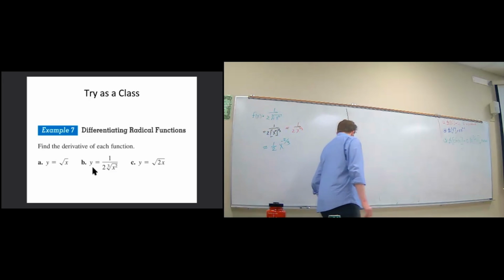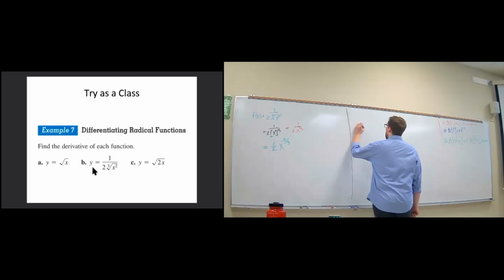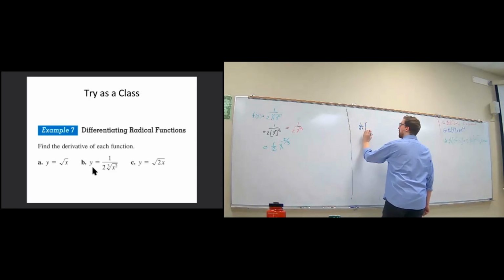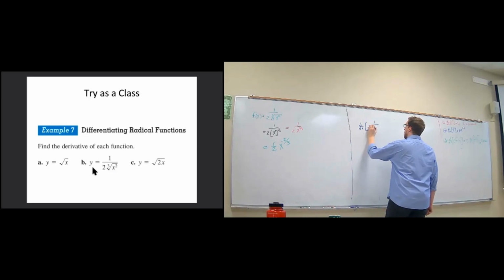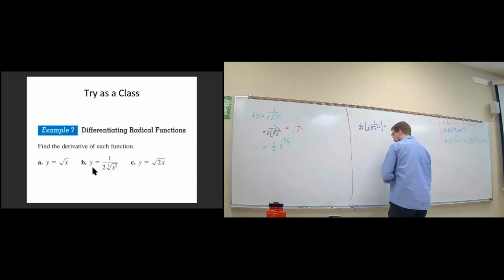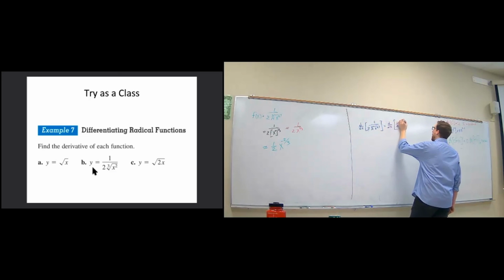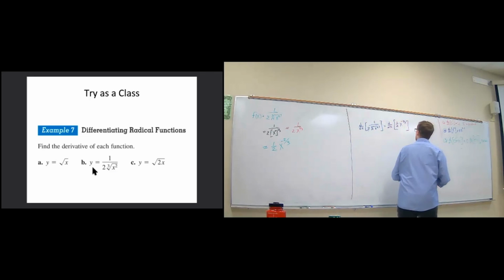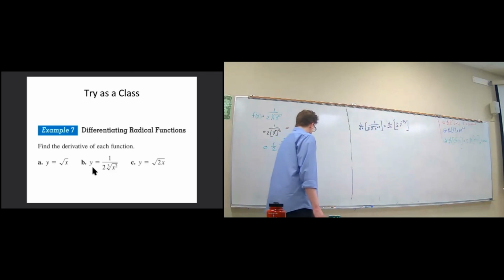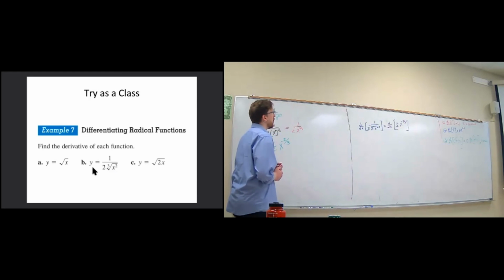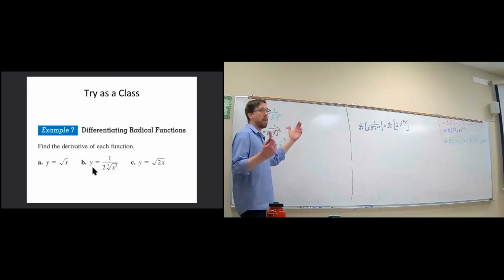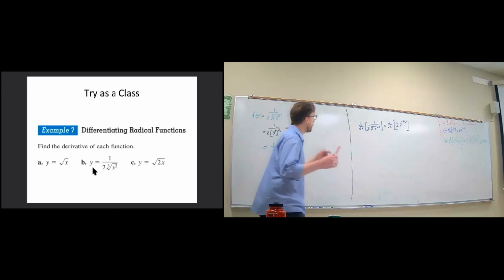Now, d dx of 1 over 2 times the cubed root of x squared is equal to, we just rewrote it as d dx of 1/2 x to the negative 2/3 power. Constant rule says we can pull out that 1/2. All right, so let's do that.